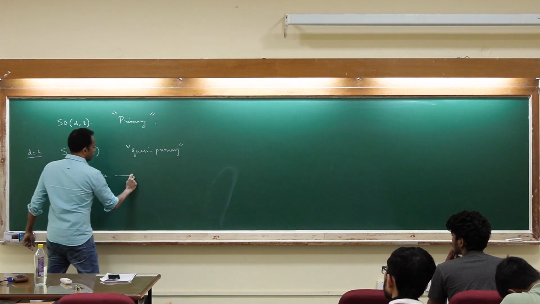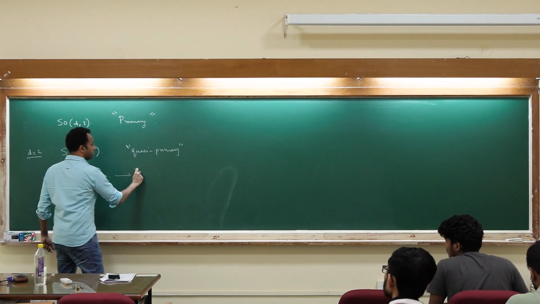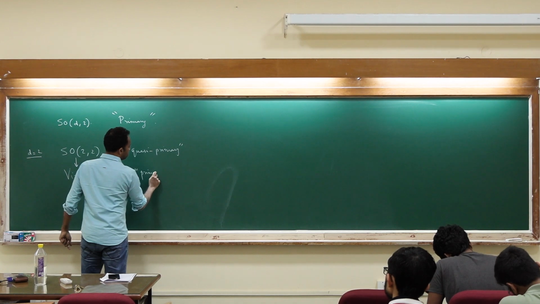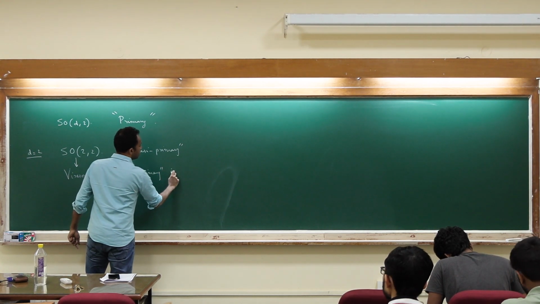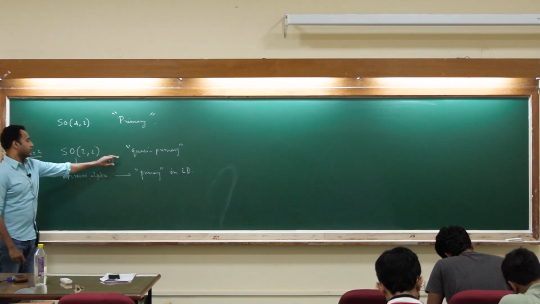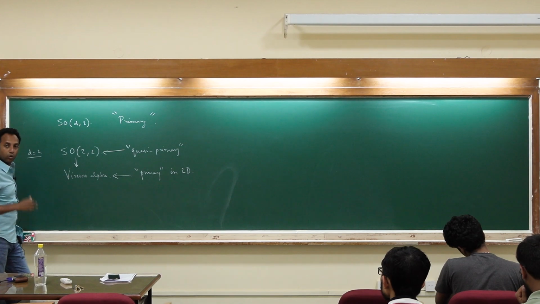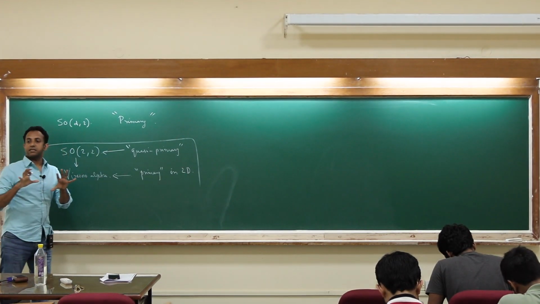The fields that transform naturally under the Virasoro algebra are called primary fields, which is a special property in 2D. If a field is only transforming well under SO(2,2), the global part of the conformal group, then you say that it's quasi-primary.